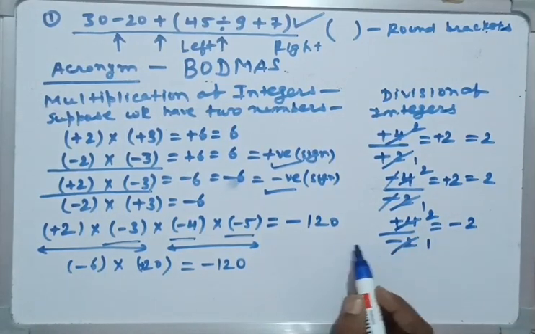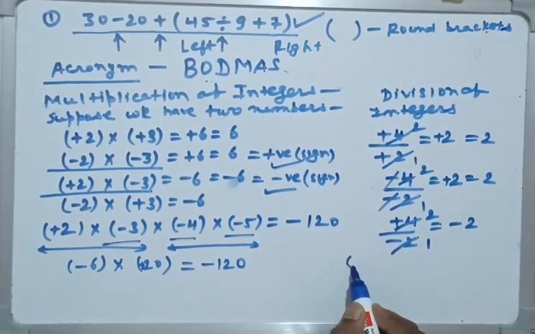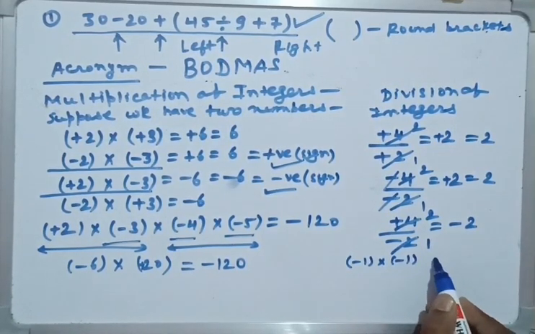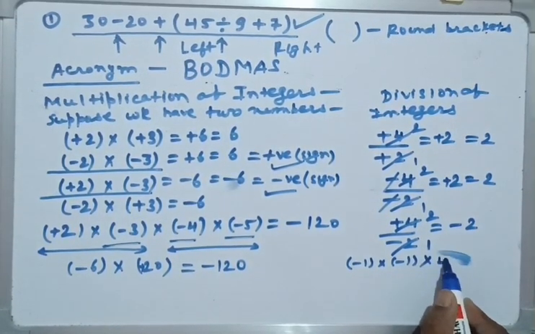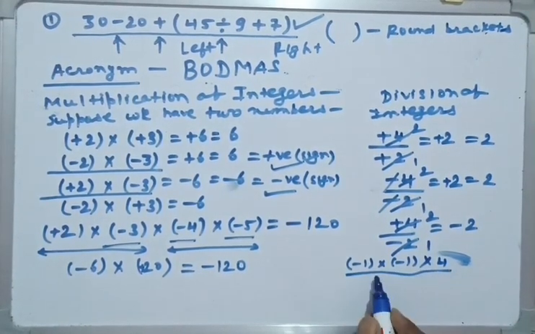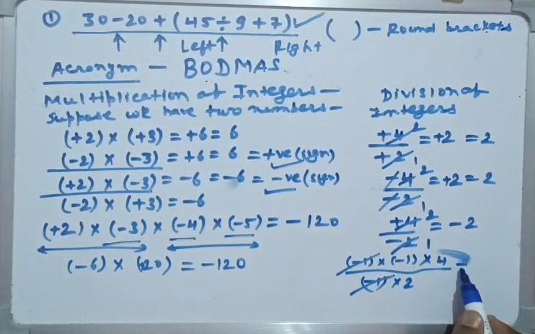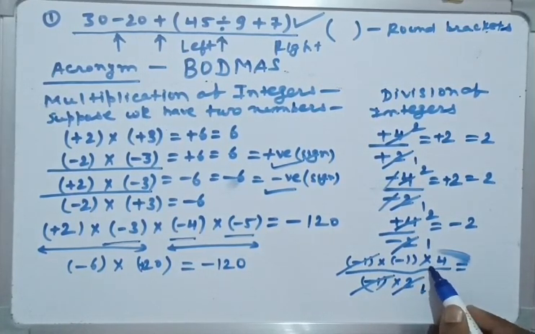You can also see this plus sign can be written like this: minus 1 into minus 1, then multiplied with 4, or in the denominator you can write it like this also. So this 1 cancels this 1, or this 2 is also cancelled by 2.